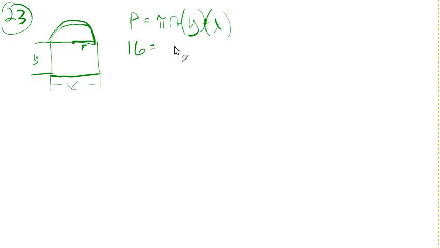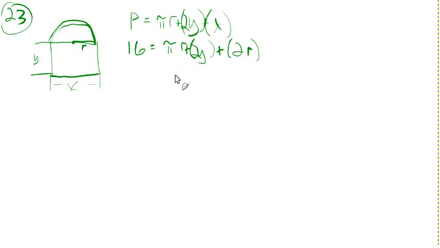And then we could say pi r plus y, now we could notice that x is just the full width of the semicircle part, the full width would be 2r. Plus 2r. And actually we should be adding 2 of these y's.